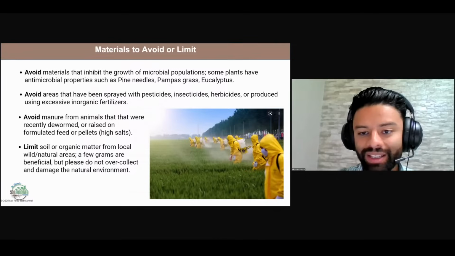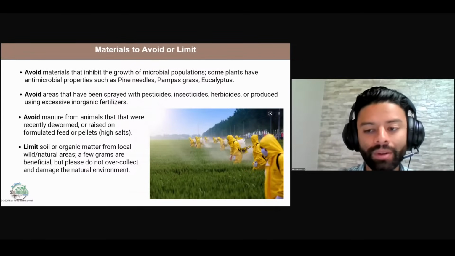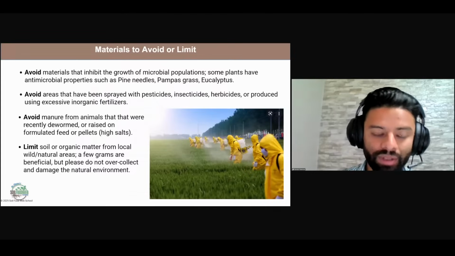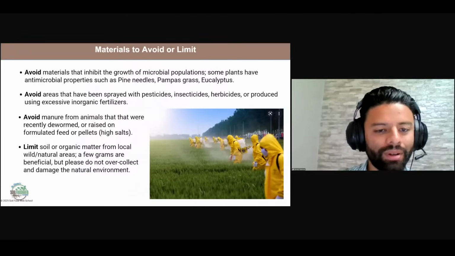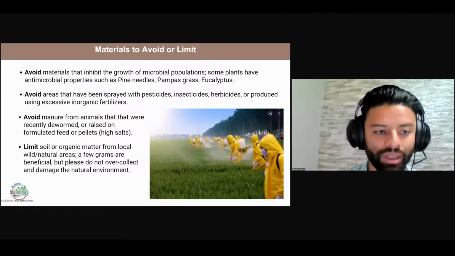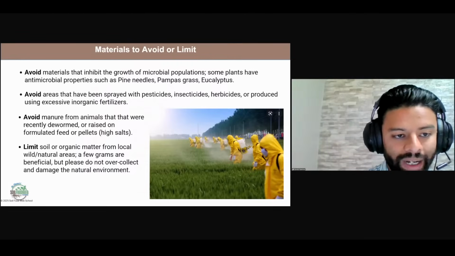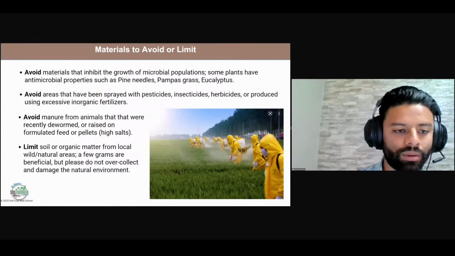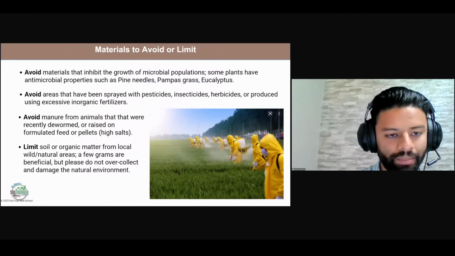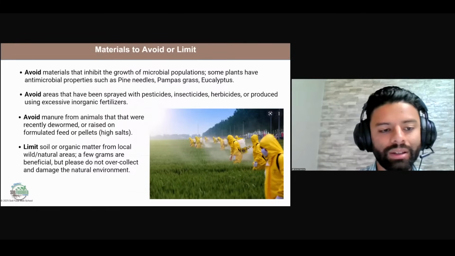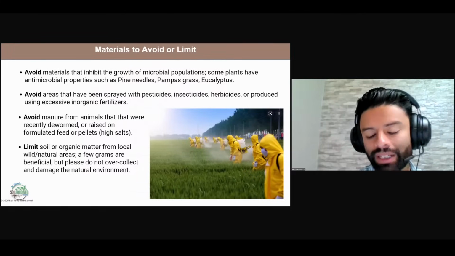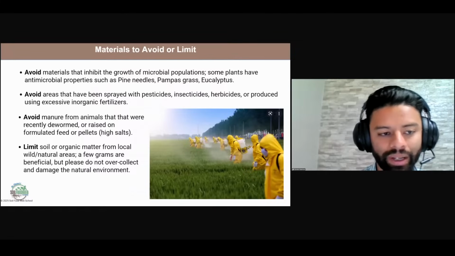And the best idea is not going to be to use them when fresh, because they can be harmful for biology. So these materials, we have to be careful with the management that we give to them before they go into a compost pile. We also want to avoid manures coming from animals that were dewormed or fed with pellets or high salts, because again, all that is going to affect the microbiology.